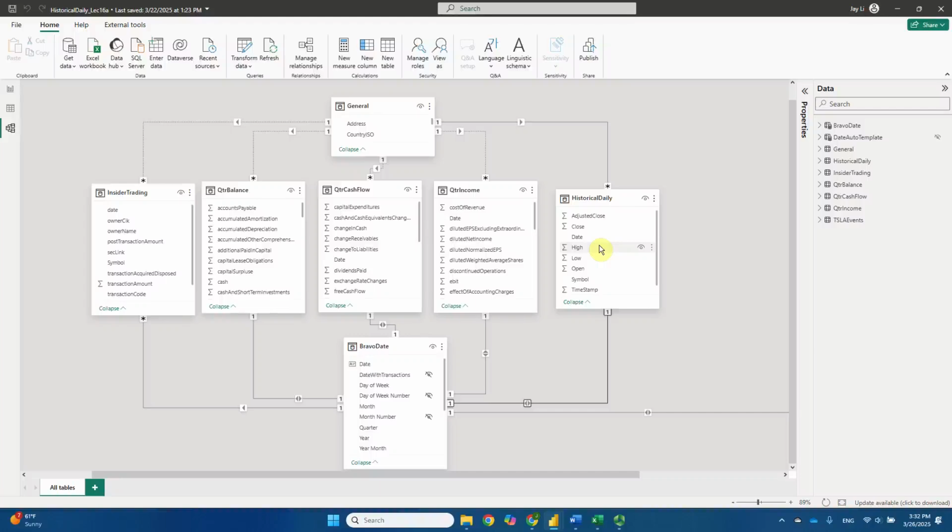So in this more complicated case, assuming you have two stocks, and for each stock you have the reports from 2020 to 2024, and you want to construct a one-to-one relationship among those tables, a suggested approach is to construct a new data field, or a new column, in those tables. Instead of just using date, you now need to construct a new column called symbol-date.